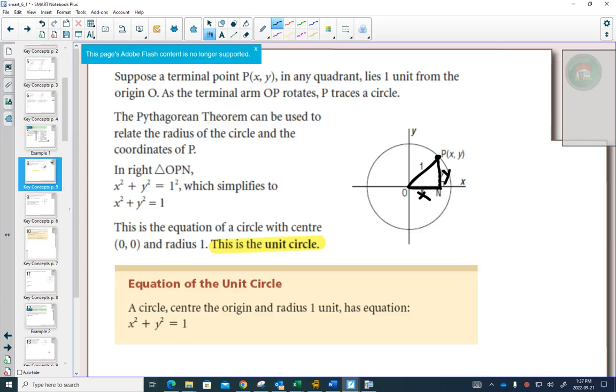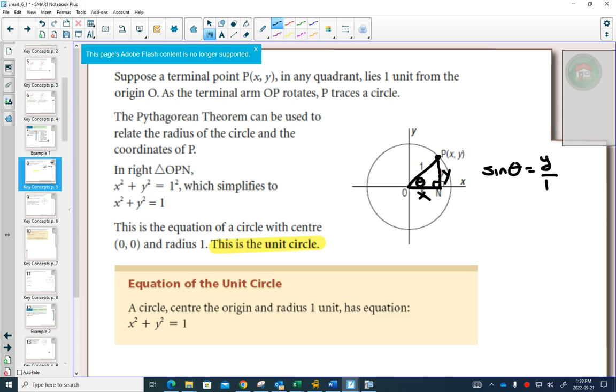Now, if you did your trigonometry for this triangle, and you called this angle here theta, could you tell me what sine of theta is? SOHCAHTOA: sine is the opposite side over the hypotenuse. My opposite side is y. My hypotenuse is 1.